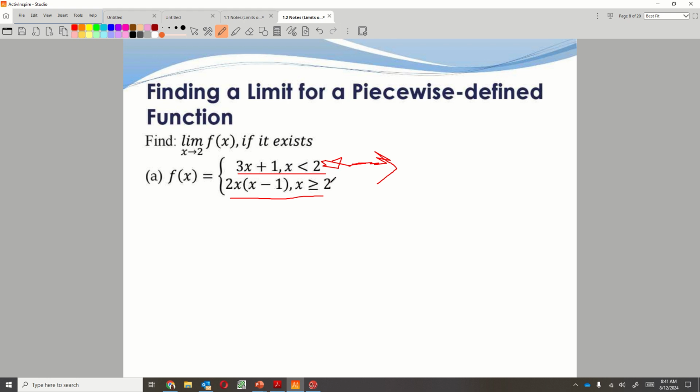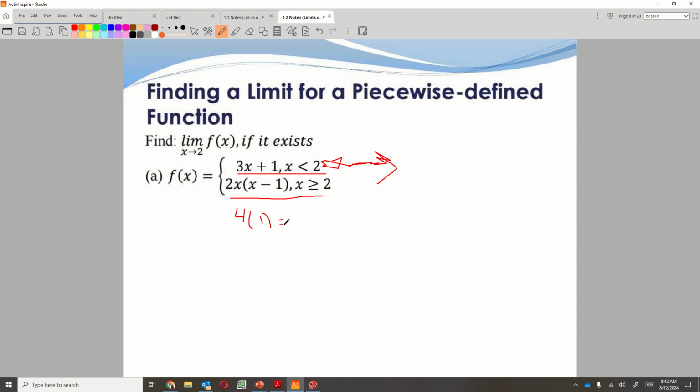So if the limit exists, what do the left and right have to do? They both have to go to 7, right? So let's see. If I plug in 2, this side right here is going to be 4 times (2 minus 1), and 2 minus 1 is 1.